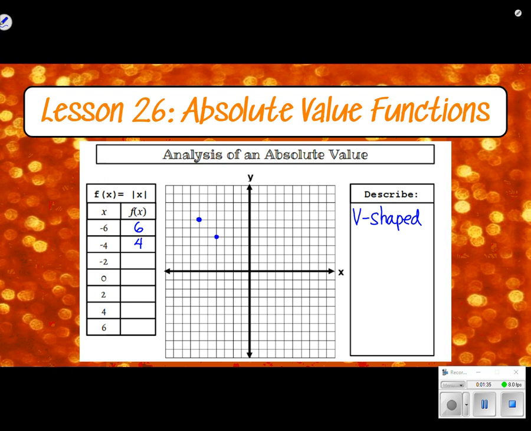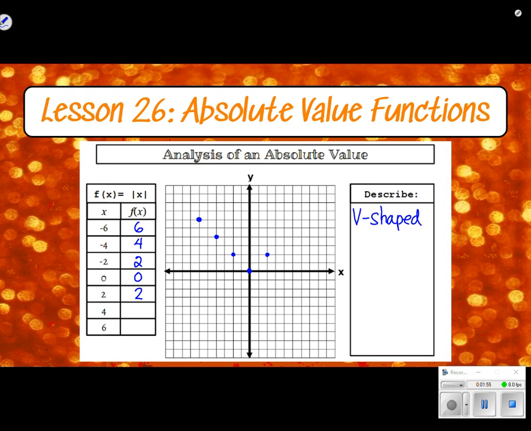And I need it to look V-shaped, so that doesn't look V-shaped yet. So let's plug in the absolute value of -2, which is 2, so -2, 2. Absolute value of 0 is 0, so 0, 0. Absolute value of 2 is 2, so 2, 2. Ooh, we're starting to pick up on our graph.